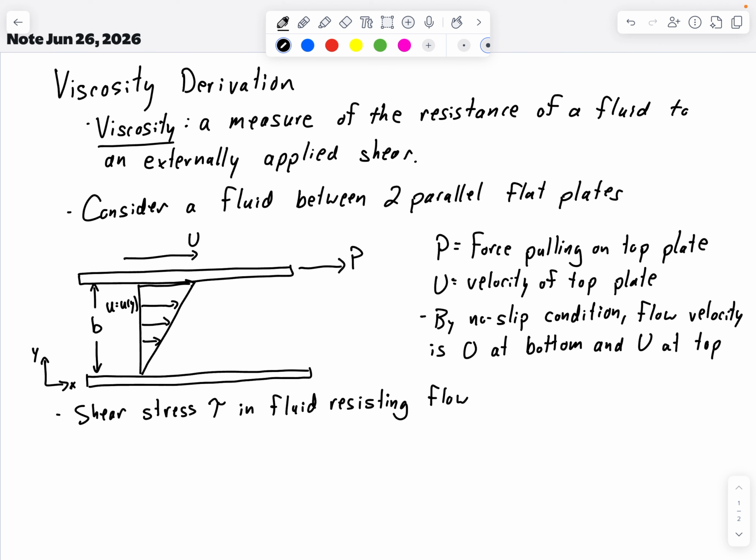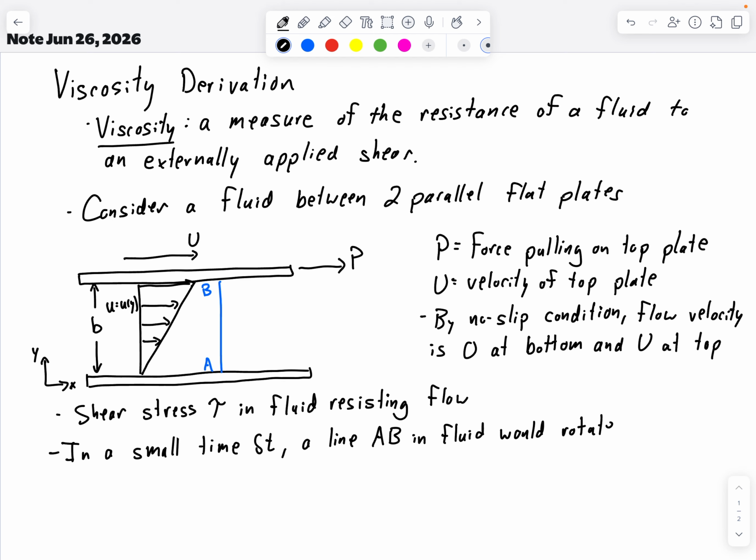Well, we can do that by saying, okay, in some small time delta t, a very, very short time period, if we draw a line between the top and bottom plate, this initially vertical line right here, then at some time later, what's going to happen to that line? This line AB in the fluid is going to rotate.